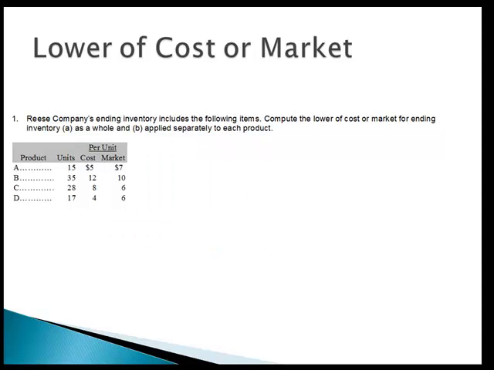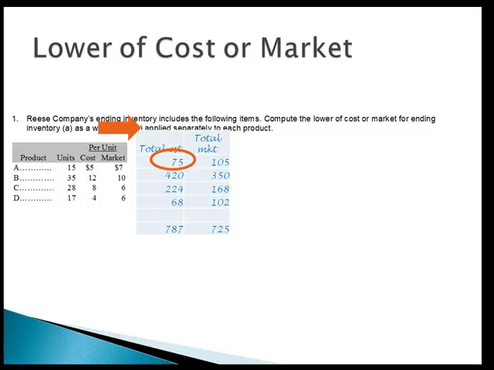If we applied it separately to each product, you go through the same computation, but this time we're going to figure out which is the lower in each category. So for product A, cost is the lower one. For product B, market is lower. For product C, market is lower, and for product D, cost is lower.